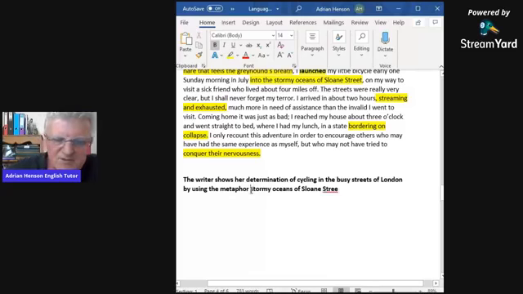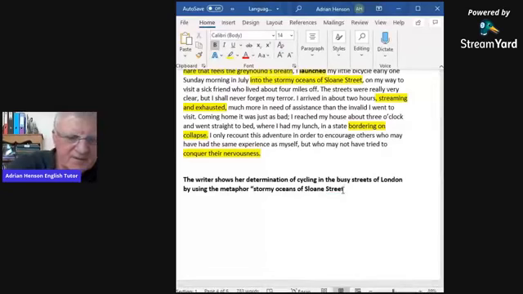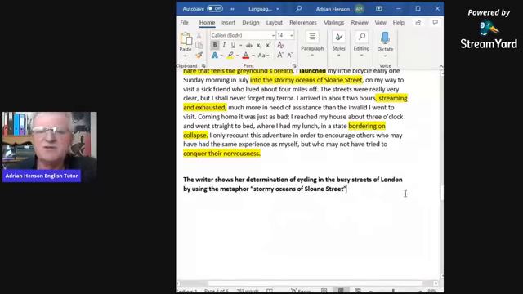As we write this, we're picking out the imagery that she's creating for us. So the writer shows her determination of cycling in the busy streets of London by using the metaphor stormy oceans of Sloane Street.